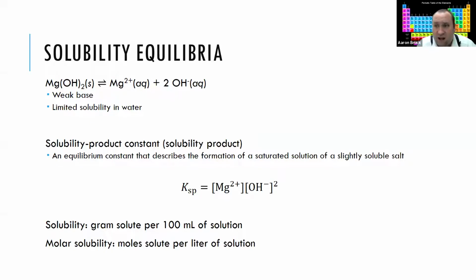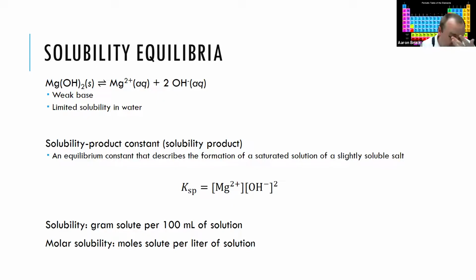Magnesium hydroxide is a weak base, first of all, but as a solid, it is really not very soluble in water at all. That's not because it's a weak base, but that's just kind of how it is. Even the ones that we consider to be strong bases, like calcium hydroxide, have relatively limited solubilities in water as well.